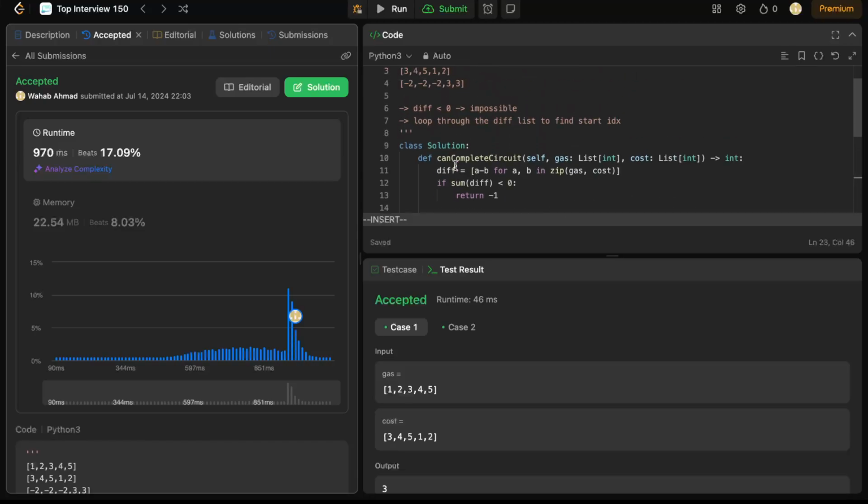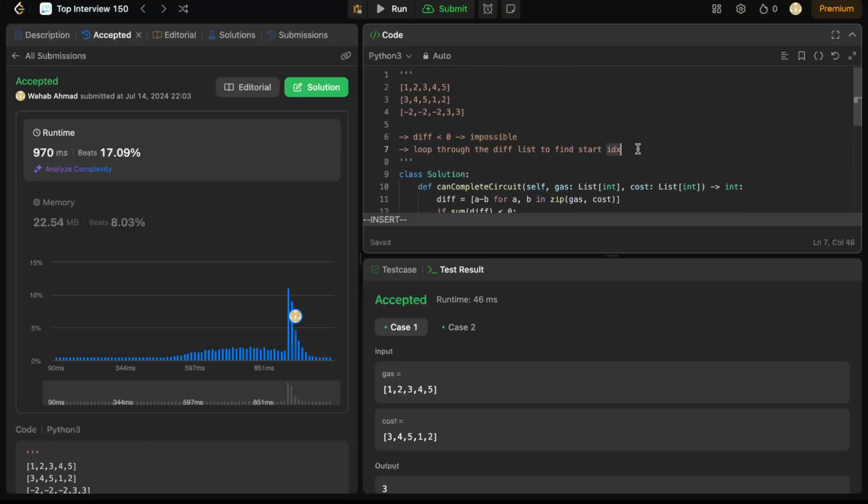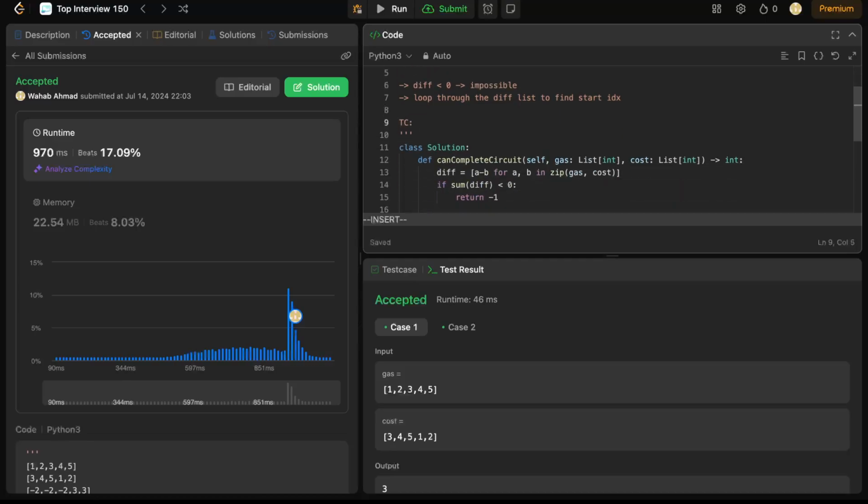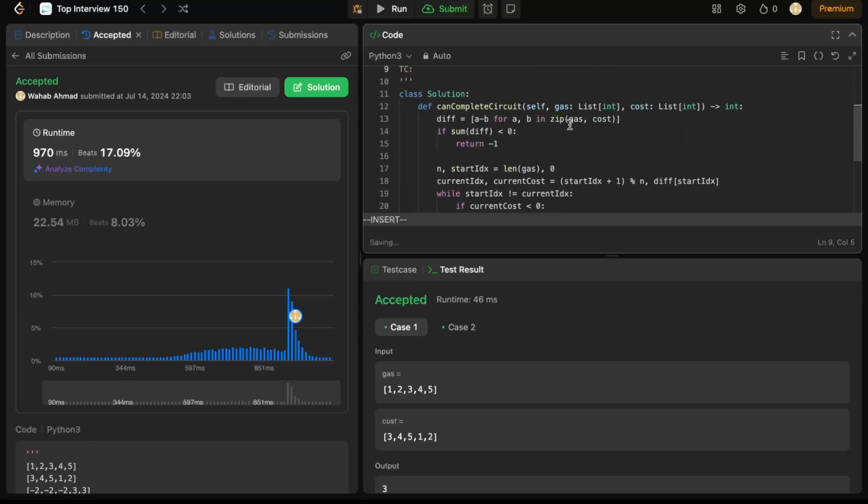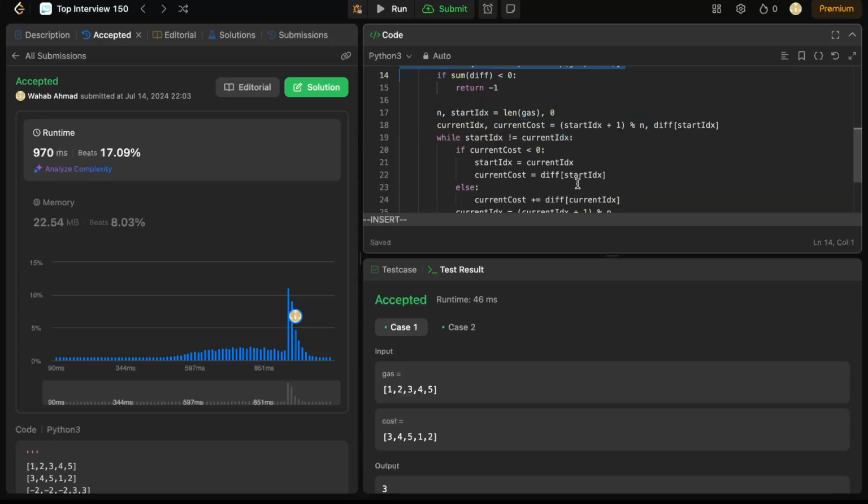Cool. So let's analyze the space-time complexity. So the time complexity, over here we're just looping through the list once, so that should be fine. And then here, at most, we will loop through the list twice.